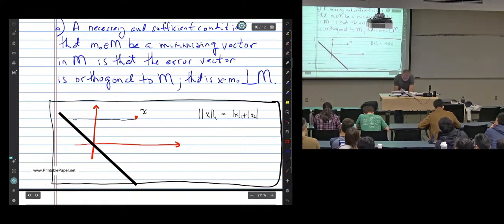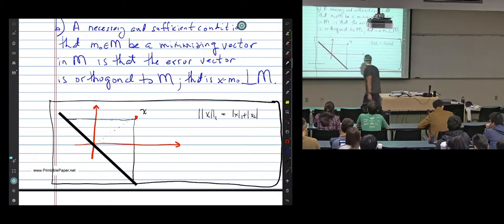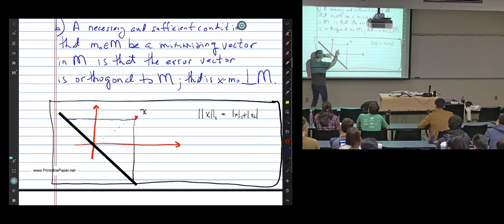Okay. So this line and this line, that's shorter than this line. Okay? This is the 2 norm solution, right? Orthogonal. But what is the 1 norm of this error vector? It's 1 plus 1, 2. Oh, what is this?